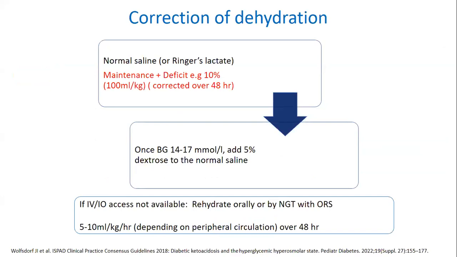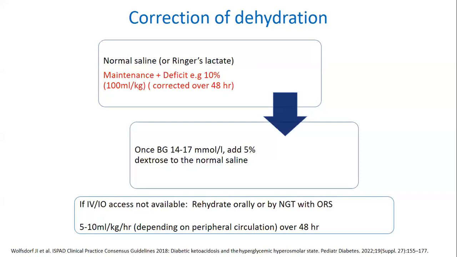And usually we calculate the maintenance using the normal formula for maintenance for children. And then if your patient is in 10% dehydration, you calculate fluid that is equivalent to 10% dehydration and add it to the maintenance, and you correct that over 48 hours. And so your choice of fluid is either normal saline or Ringer's lactate.